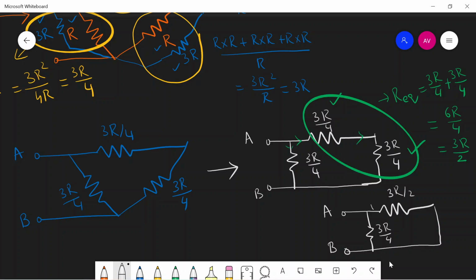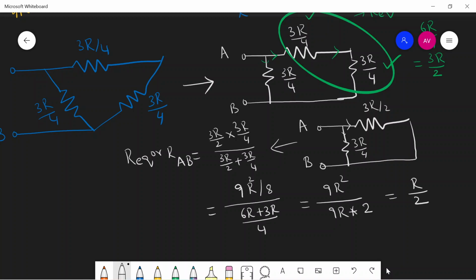Now you can see these two resistors are in parallel. So we can write R equivalent or RAB equal to 3R by 2 into 3R by 4 divided by 3R by 2 plus 3R by 4.